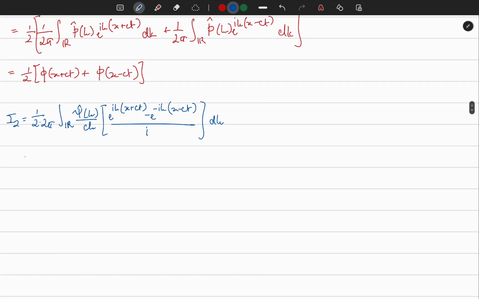Again, by the linearity rule, we can split up these integrals into two with the sum. We have, well, hold on. We have this i term out in front as well.